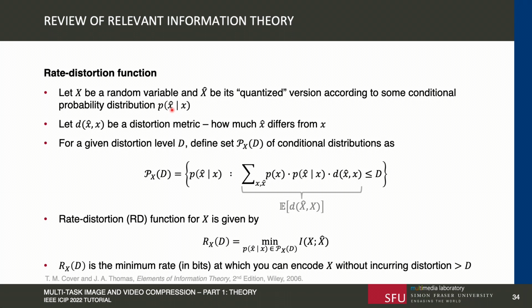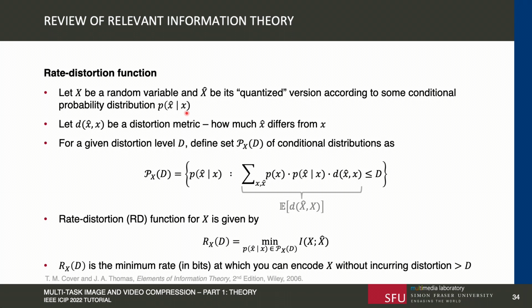And in such cases, the representation level for a given X is not fixed in advance. There is a certain probability distribution over the possible values of X hat given X. So a quantizer can be deterministic or probabilistic, but the theory can treat both of those cases through this conditional distribution.